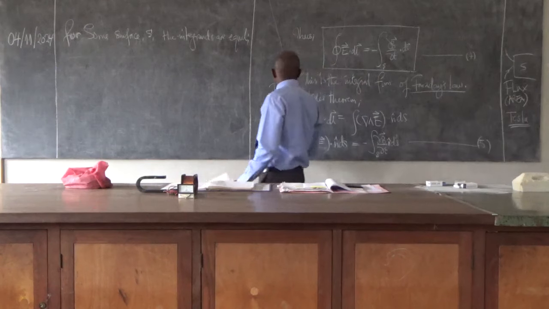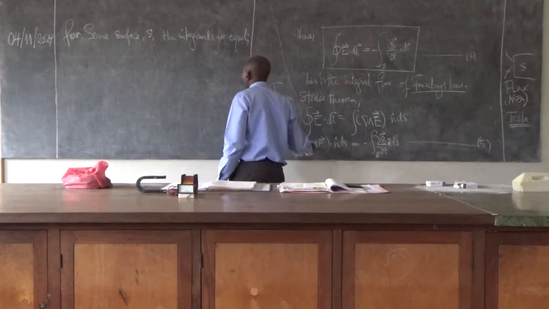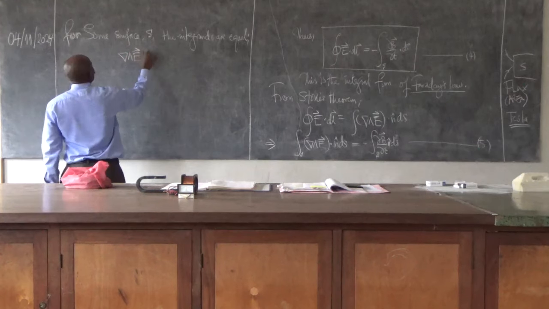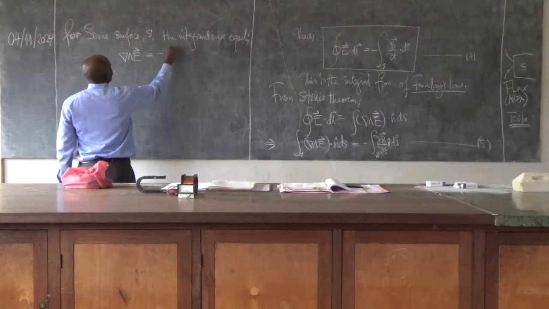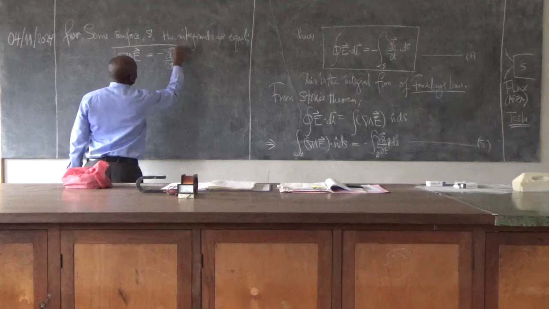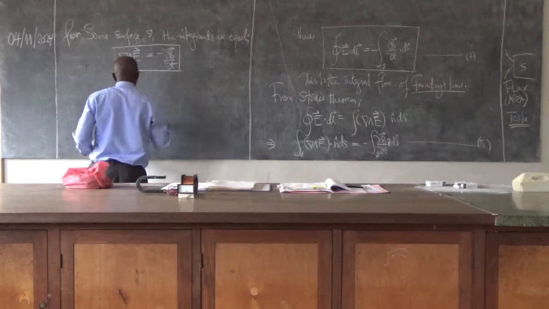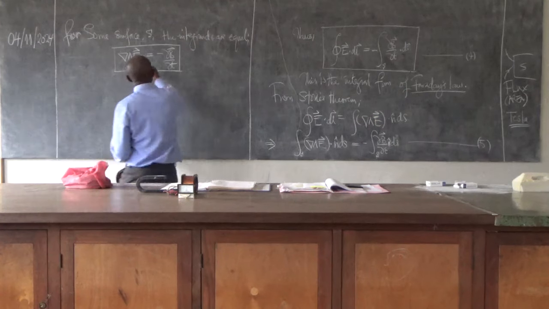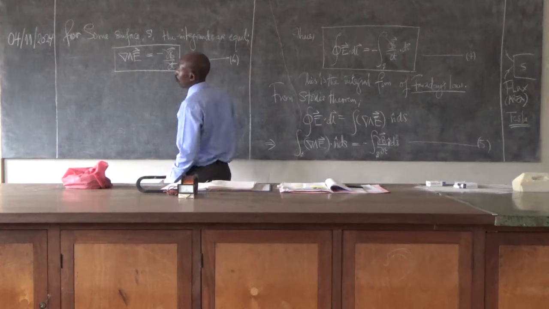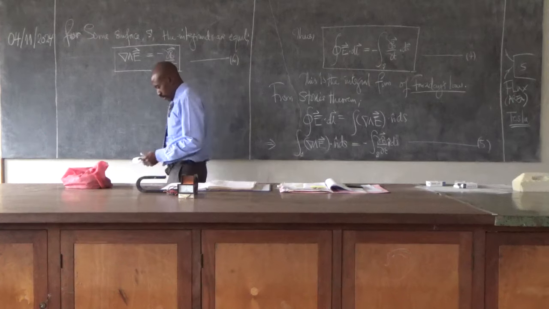So if the integrands are the same, this curl of E would equal minus the partial of B by the partial of t. And this is what we call Faraday's law. Because of this del here, this one becomes Faraday's law in differential form.